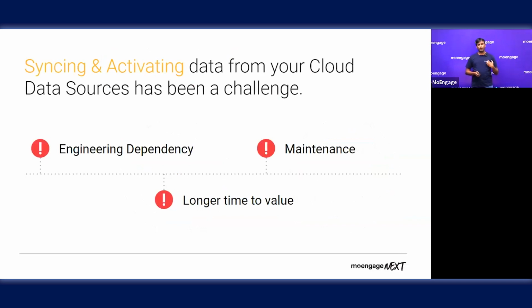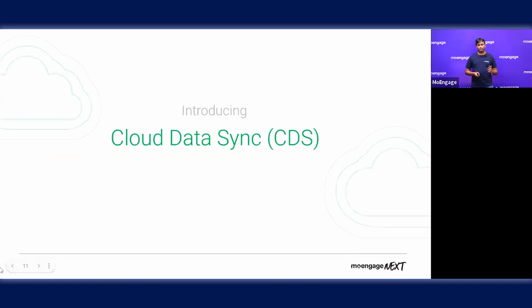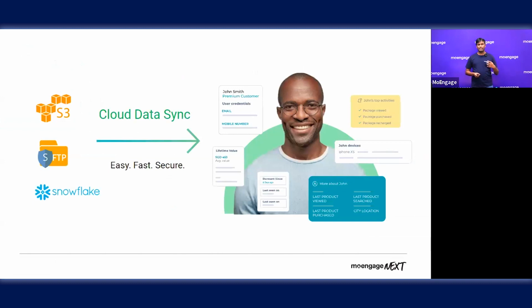And at MoEngage, we always believed in the need for making it easier for brands to bring in data from any touch point in a seamless fashion. And to solve this problem, we are introducing what we call Cloud Data Sync. Cloud Data Sync is a versatile solution, which is built for ease of use.